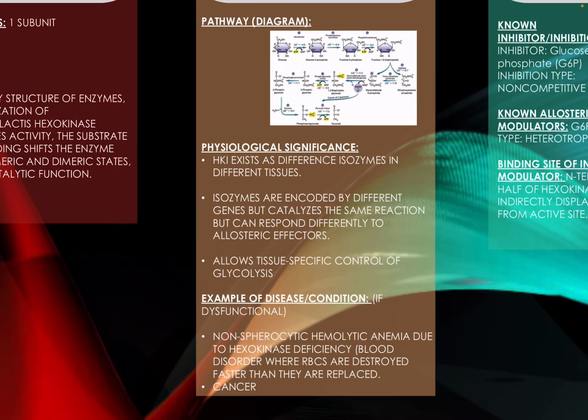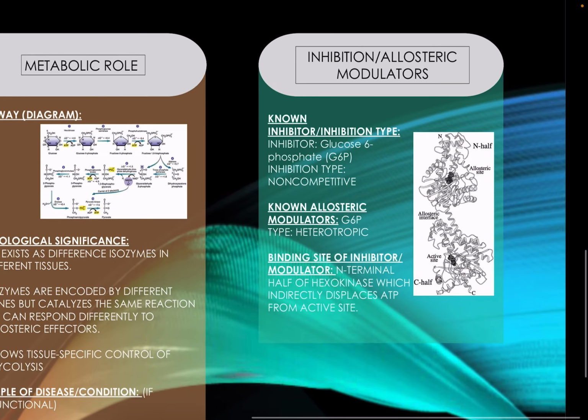Some examples of disease conditions that can occur if it is dysfunctional would be non-spherocytic hemolytic anemia due to hexokinase deficiency, which is a blood disorder where red blood cells are destroyed faster than they are being replaced. Another example would be cancer.